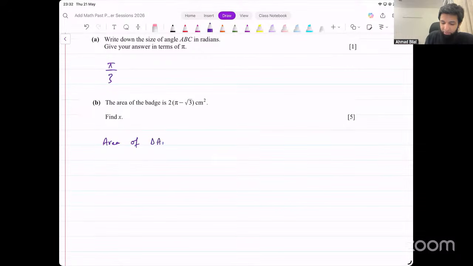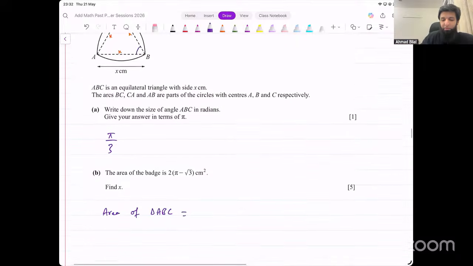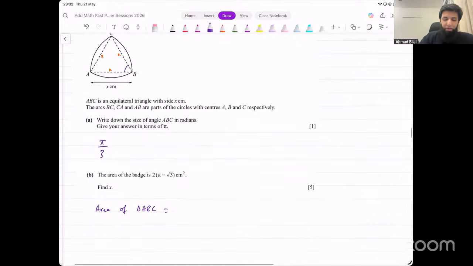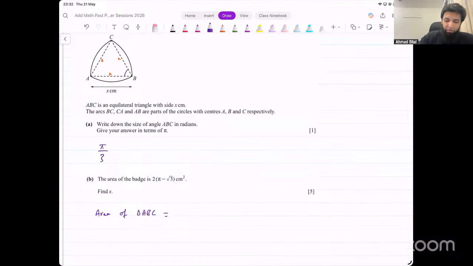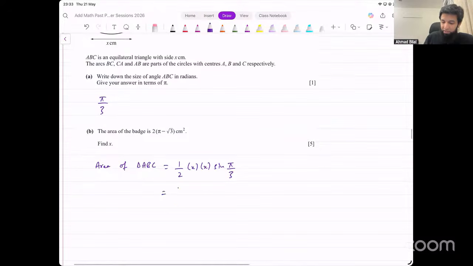Area of triangle ABC, because we need to use this for area of segment as well then. Area of the triangle, how do we calculate that? Angle in the middle is pi over 3. We can use half AB sine C. So half into x into x into sine of the angle between them, which is pi over 3. Okay. Now let's simplify this. Half x squared into sine pi over 3. Sine pi over 3, put this on your calculator.